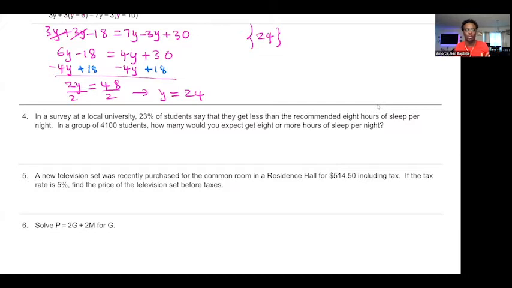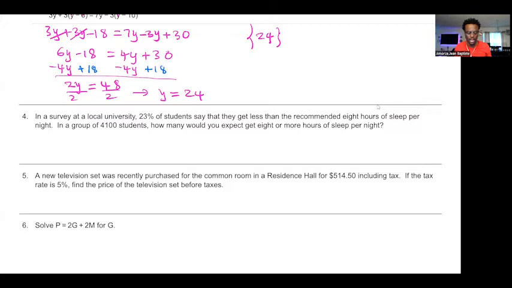First thing, 23% did not get this amount of sleep. And then the rest get either more or exactly this amount of 8 hours of sleep.